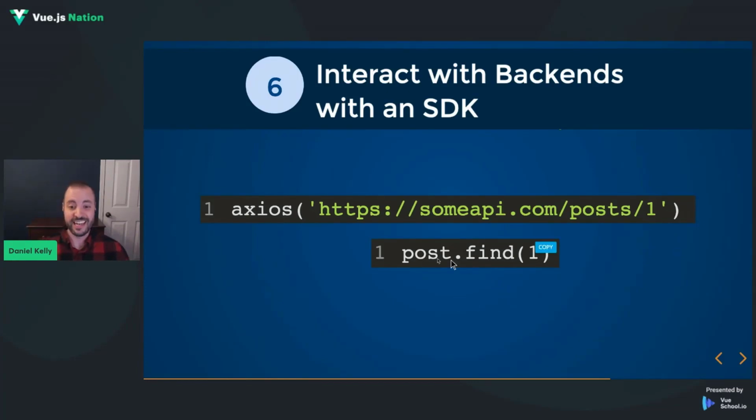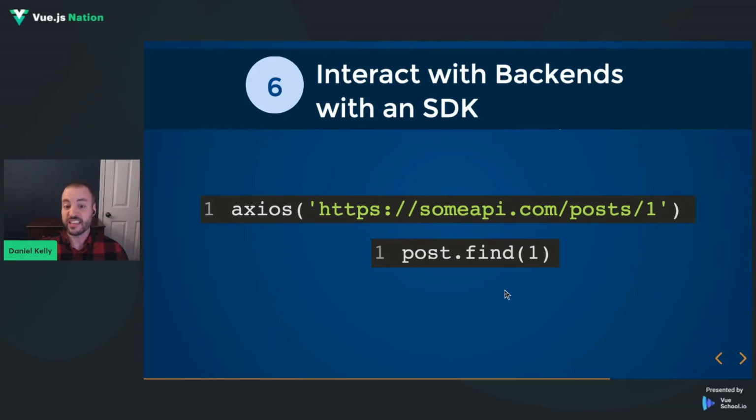Plus, with the SDK, you typically have a shorter line to call, and you're going to have an object that you can call dot on, and then you can have autocomplete options of what all is available on that thing. So you're not working with what I call magic strings, these strings that mean more than they really ought to. If you wrap your APIs with an SDK, you don't have these magic strings floating around, and it's more fault tolerant.